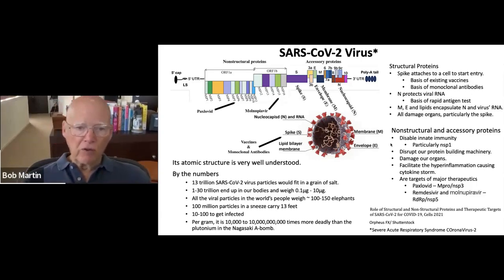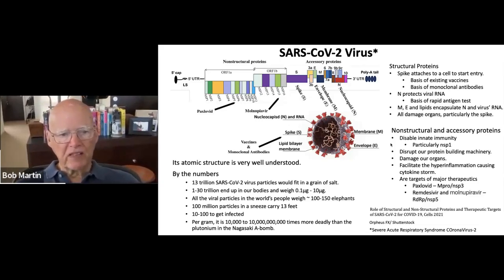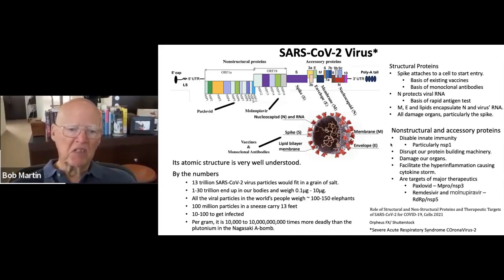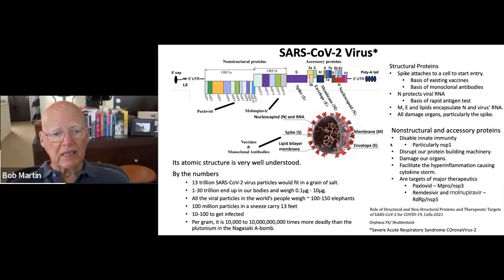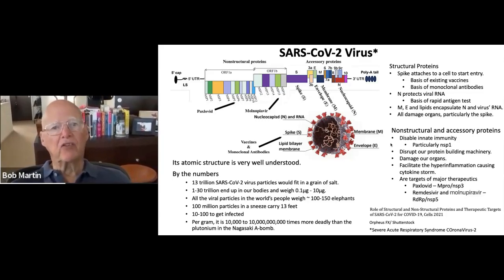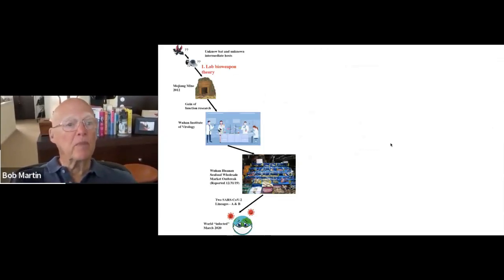However, if you took all the viral particles in all the people who were infected by COVID, it would weigh about 100 to 150 elephants. 100 million particles are carried in a sneeze, 13 feet. It only takes 10 to 100 to get infected. And you can see how deadly it is. So this little thing is just astounding.